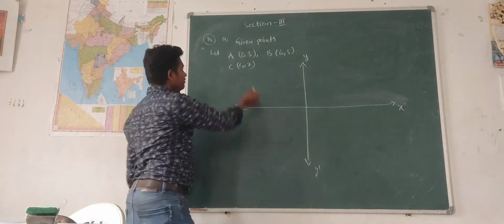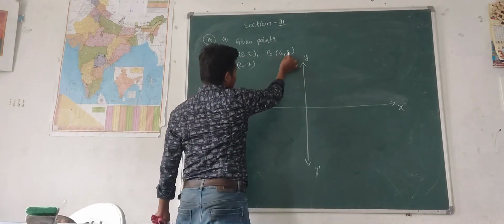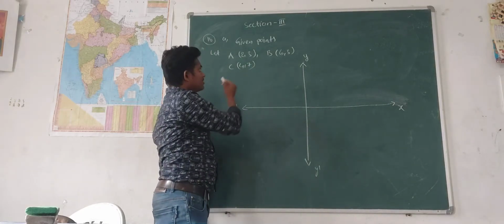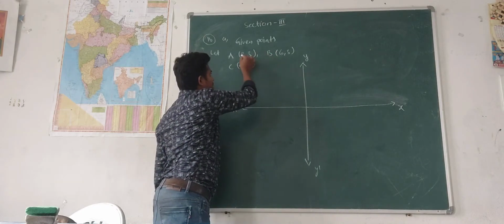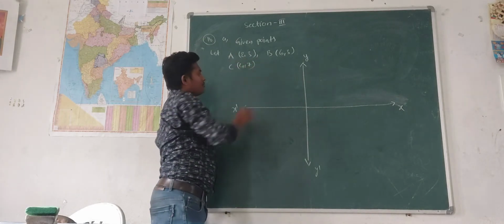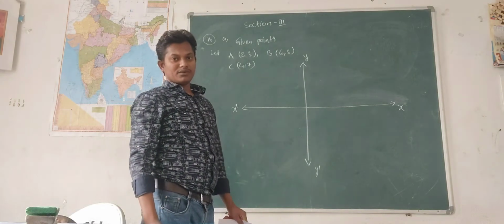Here the first one is the x coordinate, the second one is the y coordinate. So observe here, the x coordinate maximum value is 6 and minimum is 2. And the y coordinate maximum is 7 and minimum is 3.